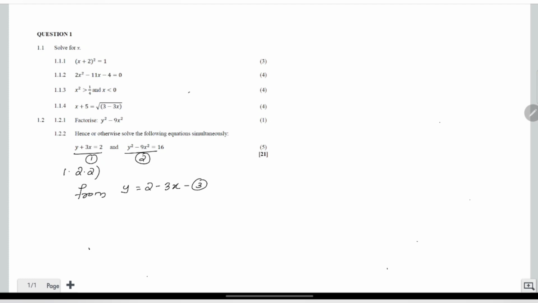Okay, so second equation, y square, in the place of y I'm going to write 2 minus 3x with the bracket, because you are replacing with a binomial, bracket is needed. Okay, a negative number or a binomial or more than that, if you substitute, please use bracket.